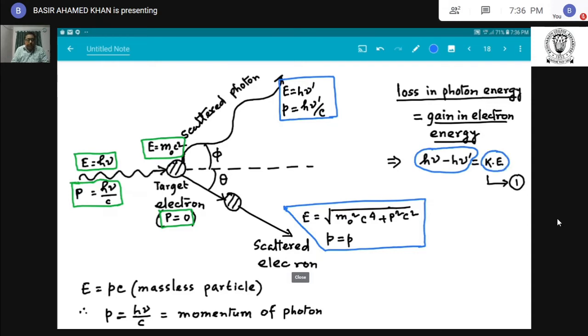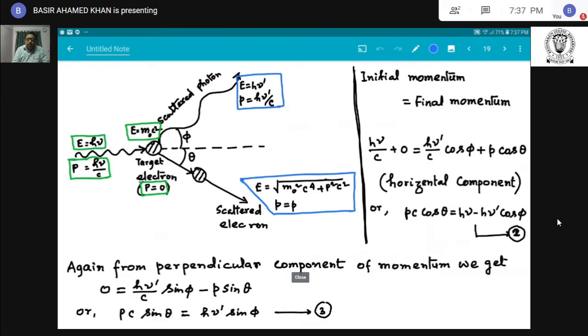This is equation 1. Now from relativity we know that for a massless particle E equals Pc. That means energy equals momentum P into c. Therefore P equals h nu by c is the momentum of photon. Now we consider the momentum conservation before collision and after collision. From the momentum conservation law, initial momentum equals final momentum.